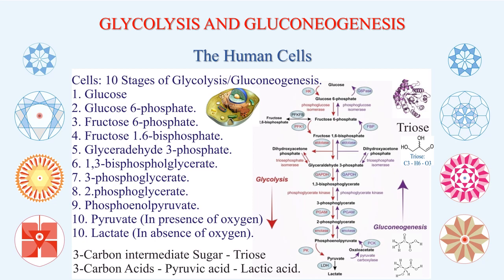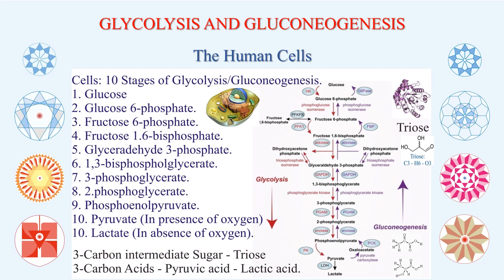As you can rightly see, the left side is glycolysis, and in the middle: glucose to glucose 6-phosphate, fructose 6-phosphate, fructose 1,6 biphosphate, glyceraldehyde 3-phosphate, 1,3 biphosphoglycerate, 3 phosphoglycerate, 2 phosphoglycerate, and phosphoenolpyruvate. In the 10th step, in the presence of oxygen, you find formation of pyruvate or pyruvic acid.